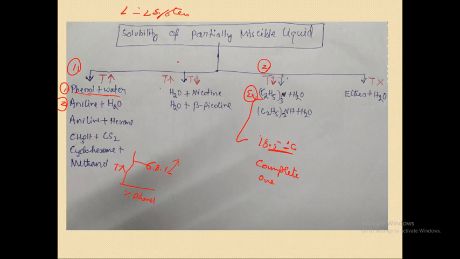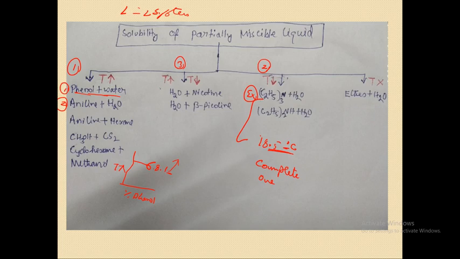Another type is where the miscibility of the liquid solution increases on both rising as well as lowering the temperature in a certain range. Such partially miscible systems can be seen in water plus nicotine, water plus beta-picoline.